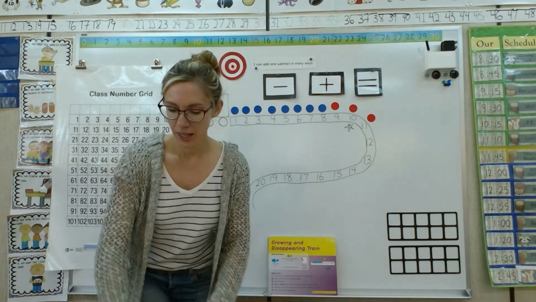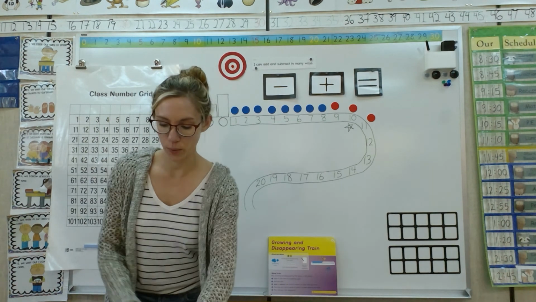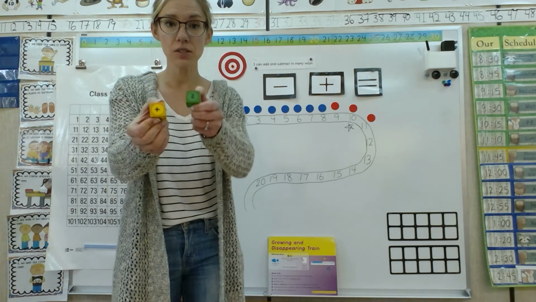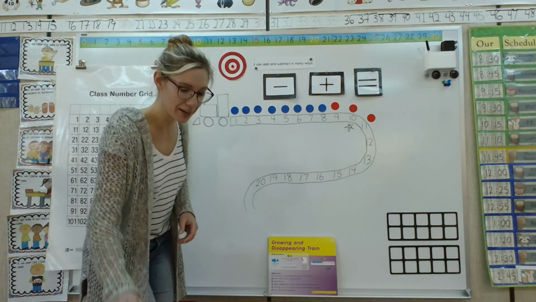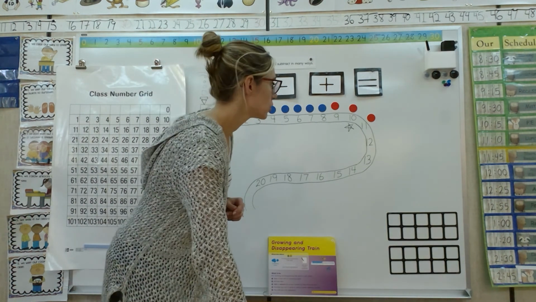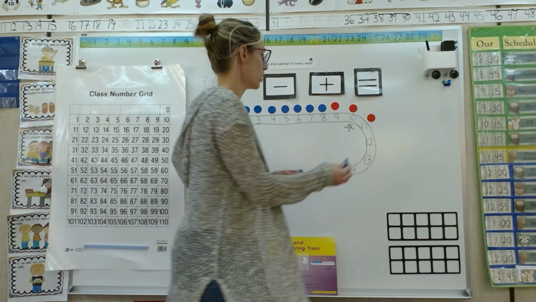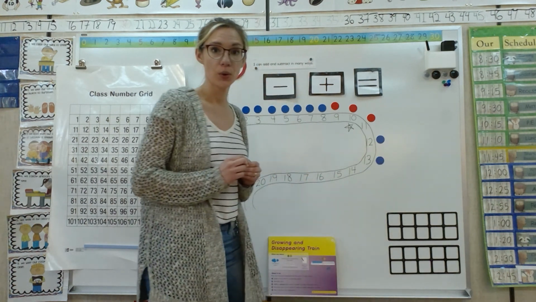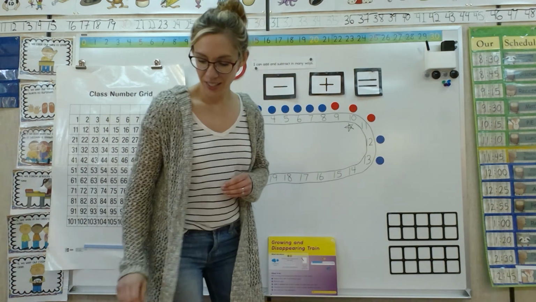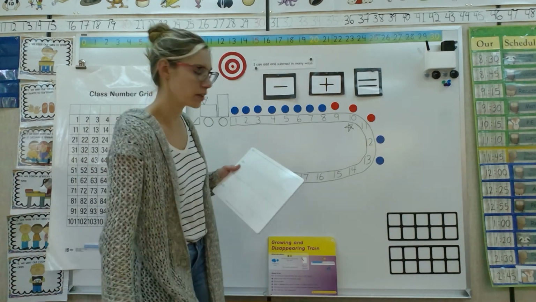All right, let's roll those dice again. Whoa, we have plus 2. So we're going to add 2 more to our train. 1, 2. Let's try to write that as a sentence. Now, where did we start this time?